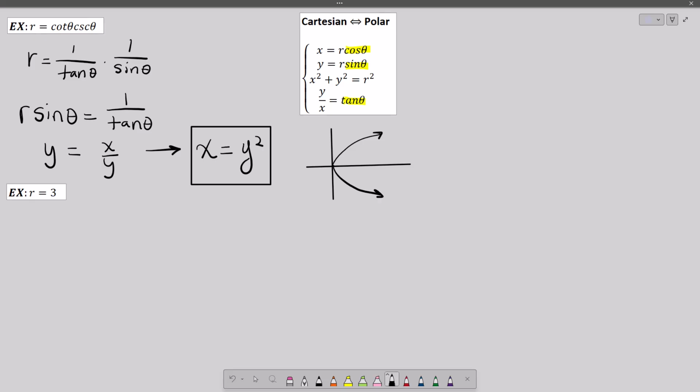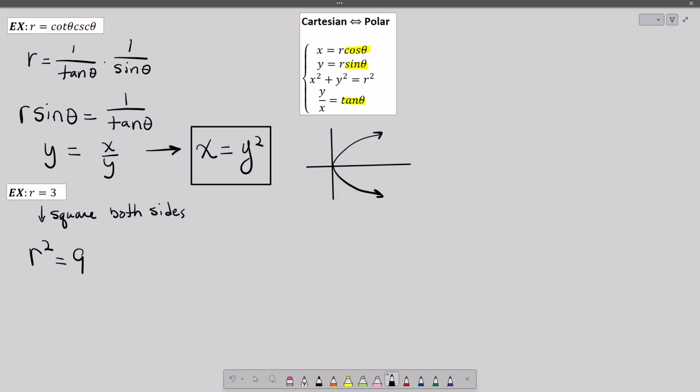Now if we want to do it mathematically, though, what we are going to do is square both sides of this equation. So if you have 2 expressions that are equal to each other, their squares are also equal to each other. So you could do this. And then you look up there and you're like, oh, we have r squared on the right up there in the third equation.